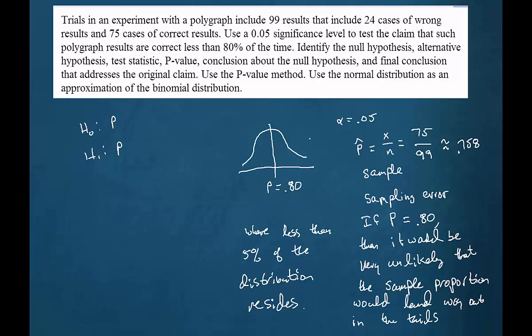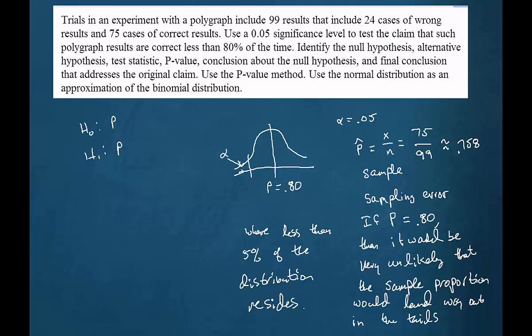So in other words, if this is what the actual population distribution looks like, it's normal with a population proportion of 0.80, then it would be very unlikely that the sample proportion would land us way out here where we have less than 5% of the distribution.